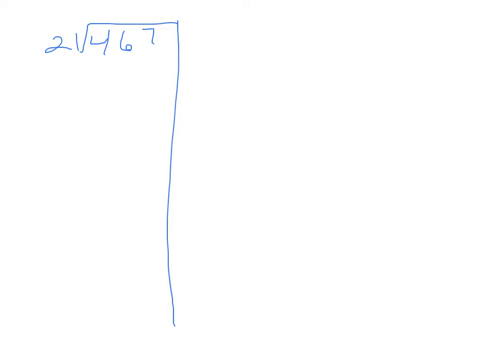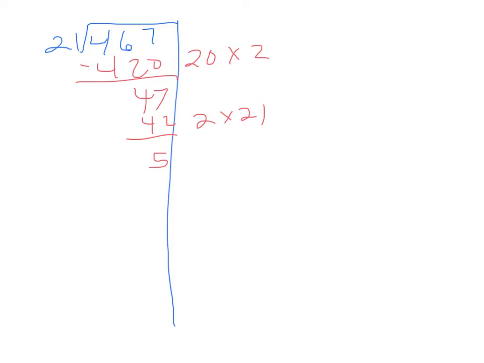So now I'm going to do what I did a while ago. I had 20 times 21, which was 420, and I had 2 times 21, which was 42. And it gave me my remainder of 5. At this point, I cannot continue the chunking method.